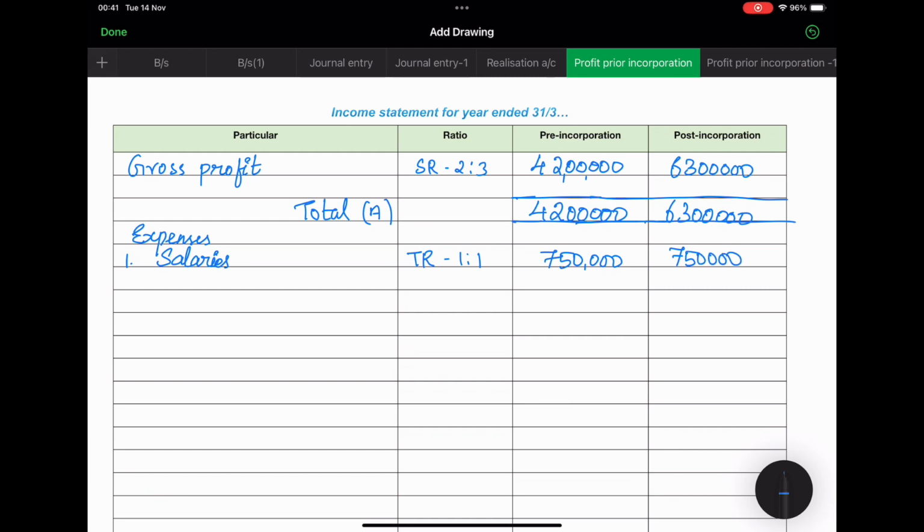Next, other admin expenses of 4,50,000. That is also calculated in the ratio of 1 is to 1, so 2,25,000 and 2,25,000.